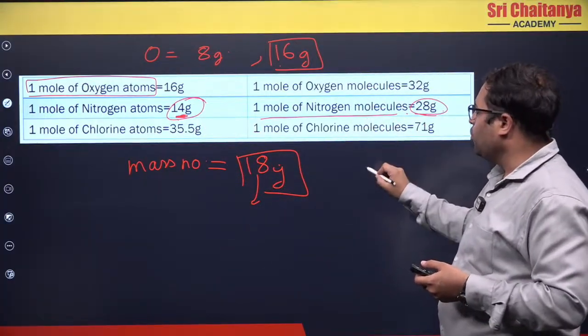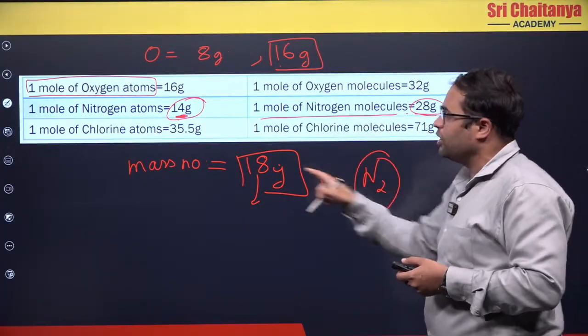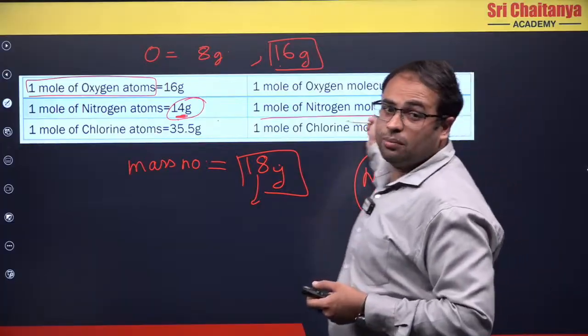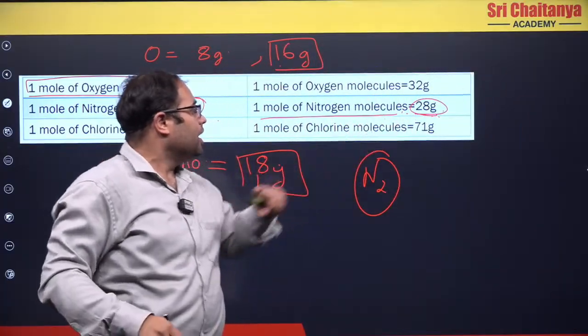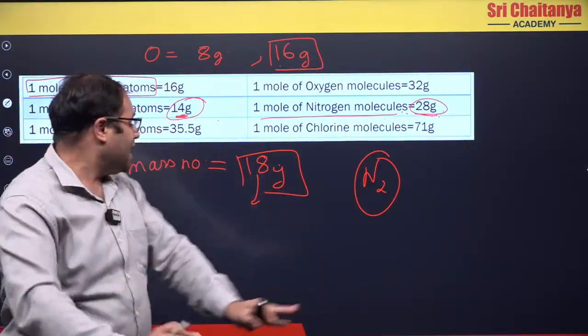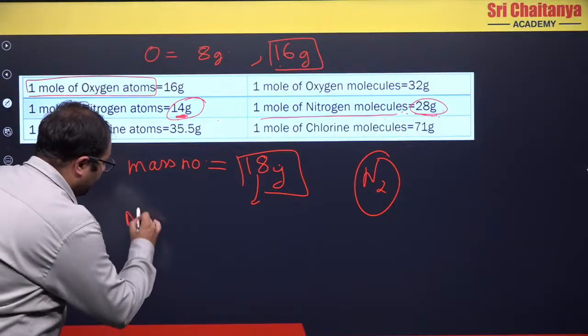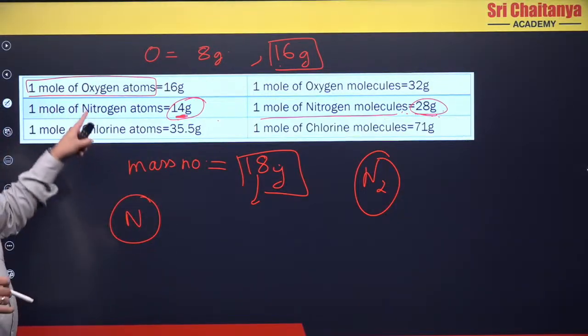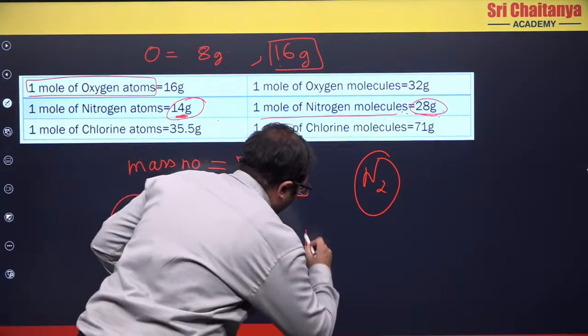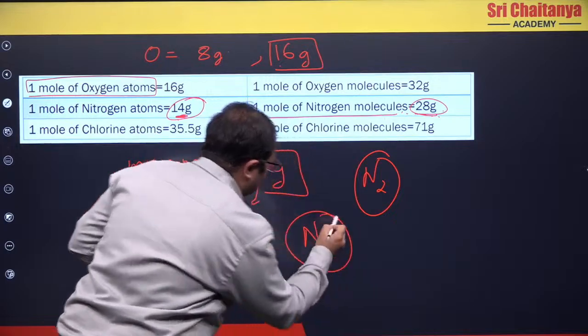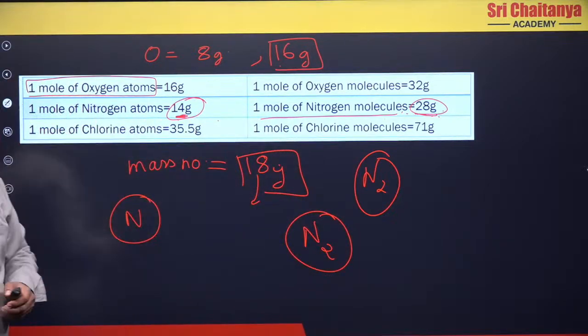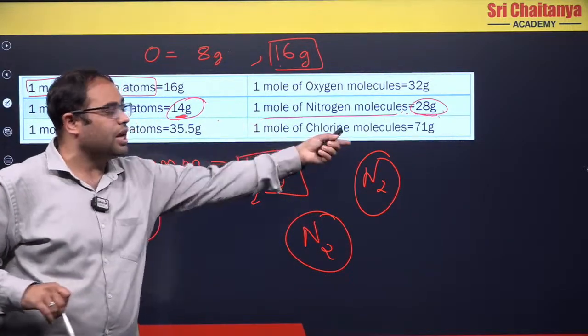And a nitrogen molecule has N2, 2 nitrogens, so double this and you get the molar mass of the nitrogen molecule. Here I'm talking about one atom, but here I'm talking about double of this. That's why you can see the values are exactly doubled.